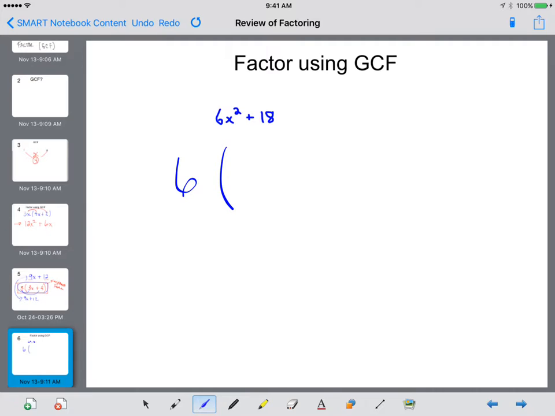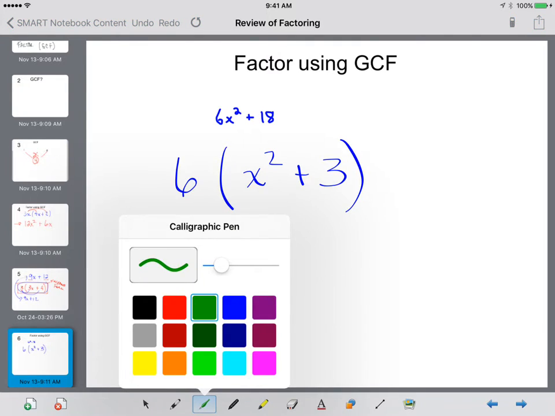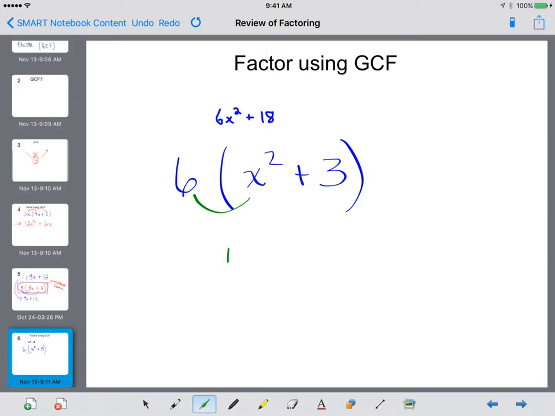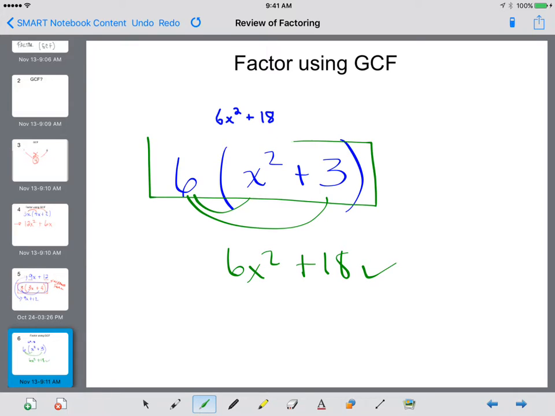So if I factor the 6 out, I would be left with x squared plus 18 divided by 6 would be 3. So if I wanted to check my answer, I could distribute it back. I'd get 6x squared. 6 times 3 is plus 18. It matches. So here is my factored form.